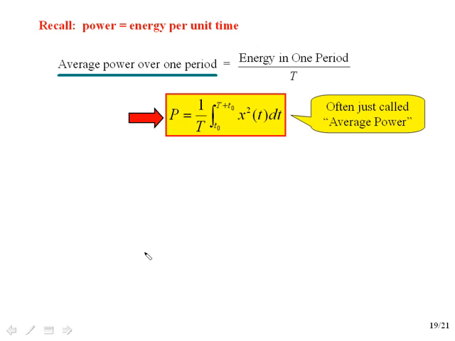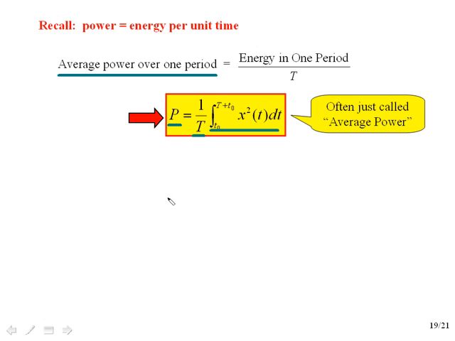Same kind of thing. If we want our average power over one period, we would take the energy in one period, which we just figured out how to compute, and we would just divide it by T. So the integral here gives us the energy in one period, which we just saw, and now we're going to divide it by capital T, that's the period, and that will give us the average power over one period.